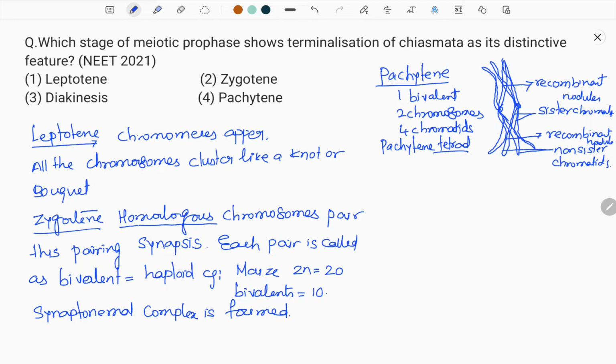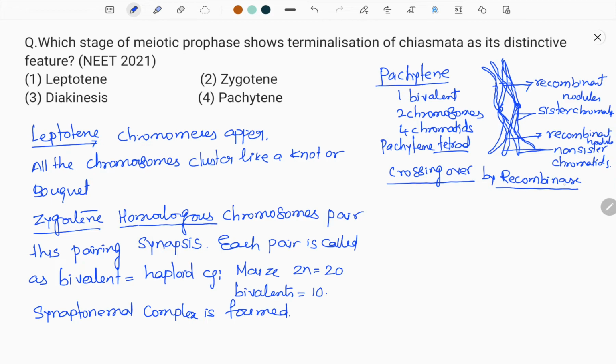So what happens here? At the place of the recombinant nodule, the chromatid arms are broken down and the broken parts are exchanged. This is what we call crossing over, or genetic recombination. By this crossing over, variations occur in the offspring, and this crossing over is catalyzed by the enzyme called recombinase.